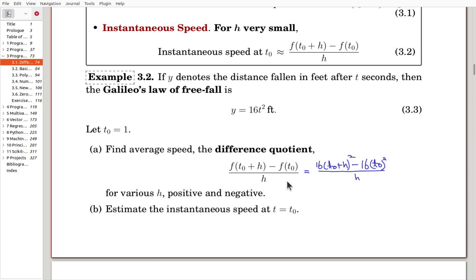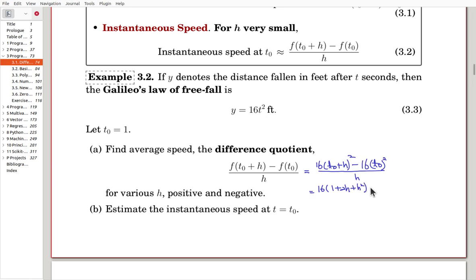And t0 is 1, so the numerator is now 16 times 1 plus h squared. 1 plus h squared is 1 plus 2h plus h squared, right?